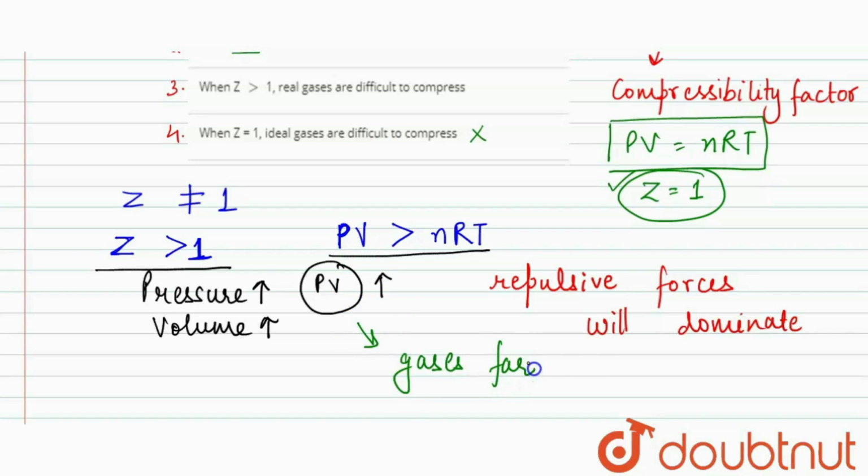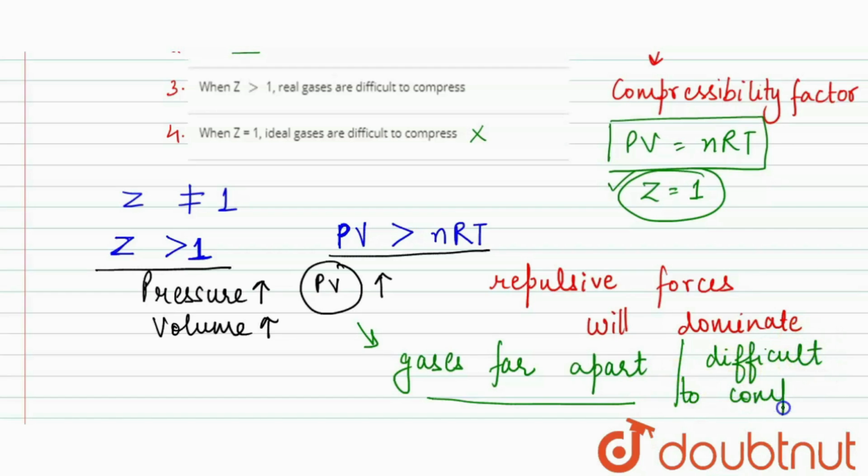Then the gases will be far apart. If the gases are far apart, there is very weak interaction, then it will be difficult to liquefy, or we can say difficult to compress. It will be difficult to compress when z value is greater than 1.